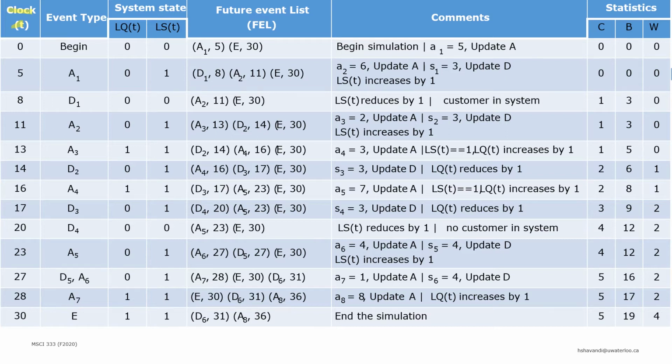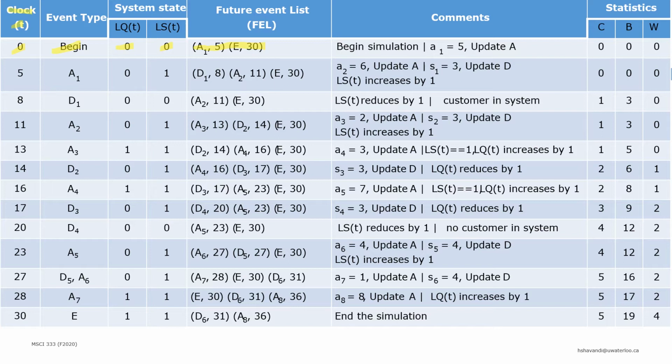At time 0, the event type is begin, so we start the simulation. There's no one in the system, so the number of customers in line is 0. The server is free at this time, and these two are our future event list. Based on the interarrival time, the arrival time of the first customer will be at time 5, and the end of simulation will be at time 30.